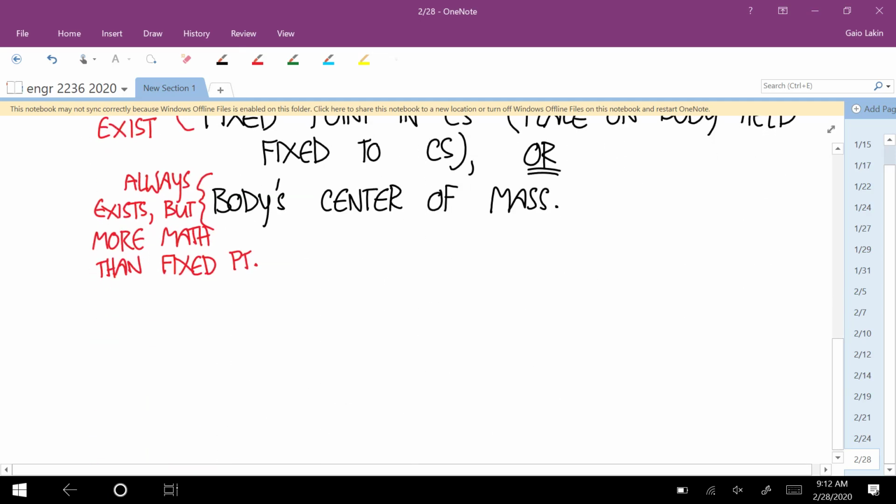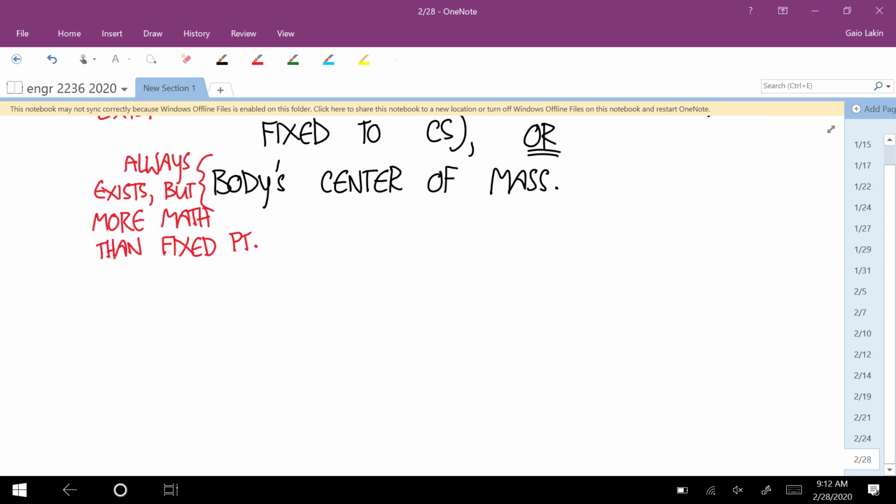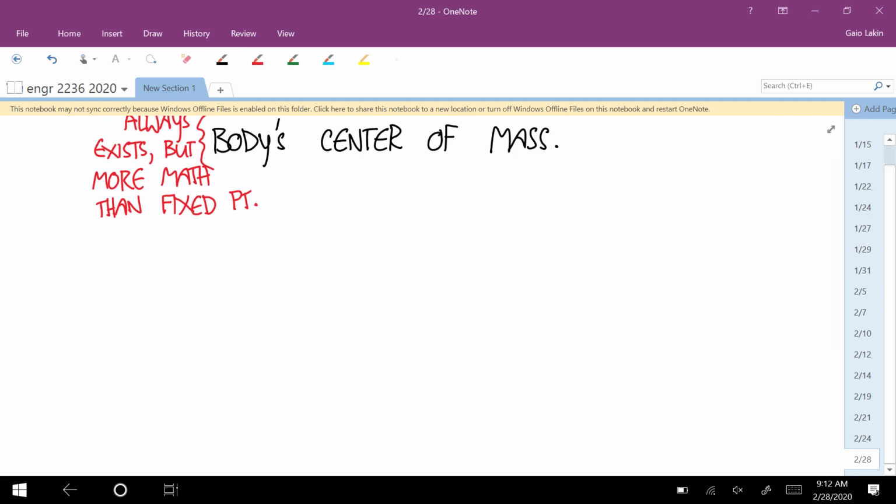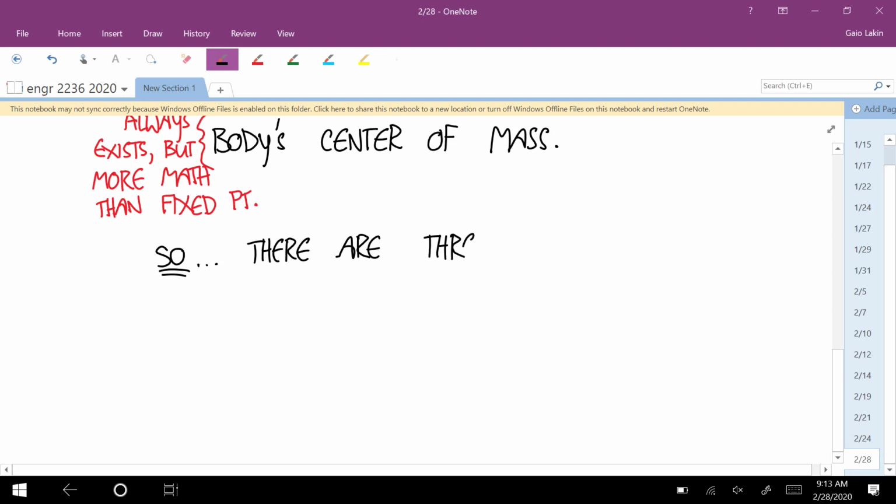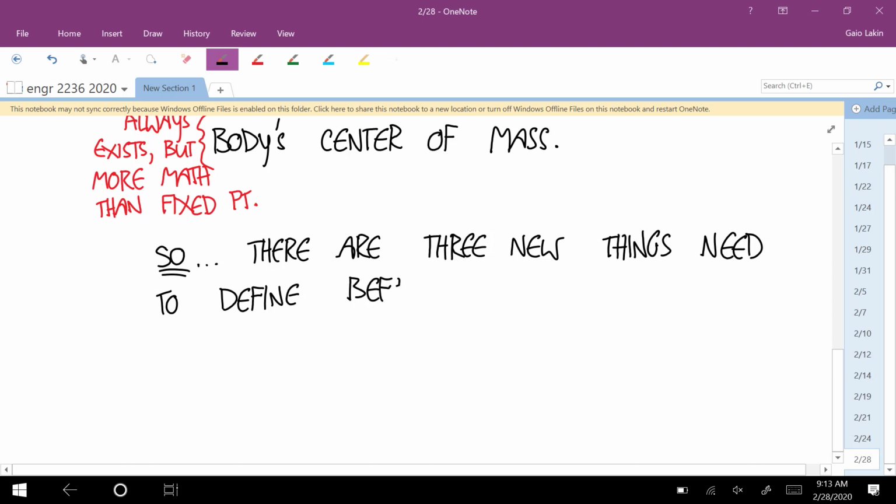So what does this tell us? There are three new things we need to define before we can do rigid body kinetics problems.